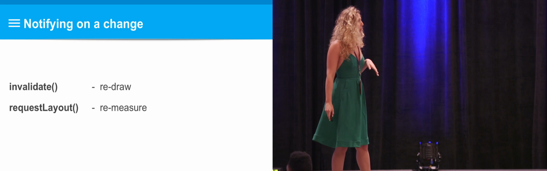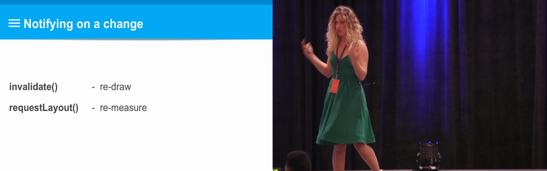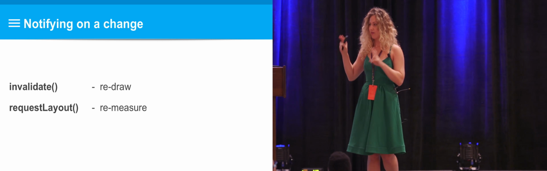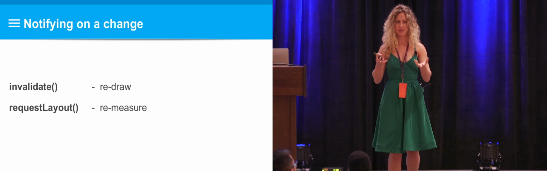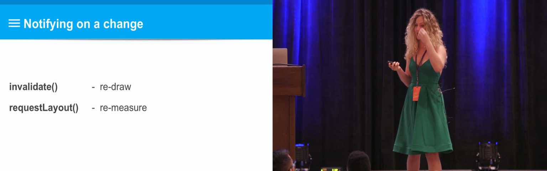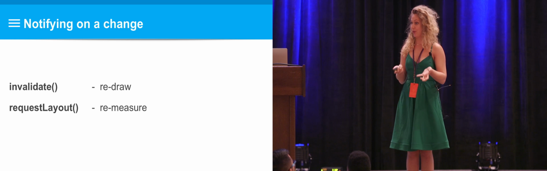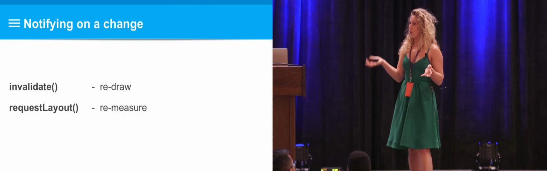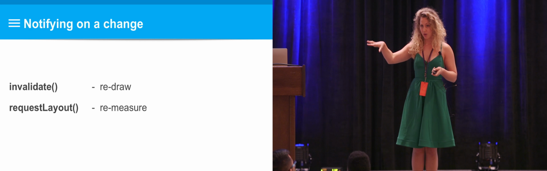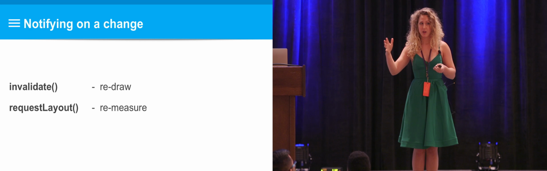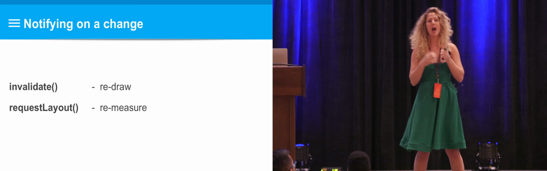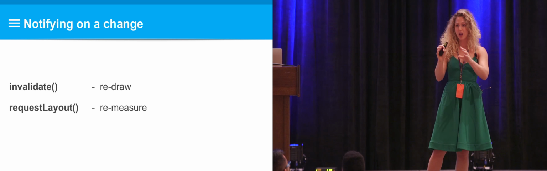When something is changed, like in the animation, under the hood, we have two options to notify the system that these things need to change, that we need to change the view. One method is called invalidate, which means the draw part, please do it again. All right, the sizes are the same, the locations are the same, just draw the view, just draw it again.